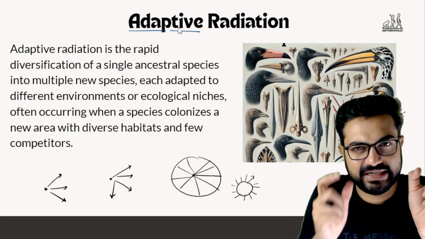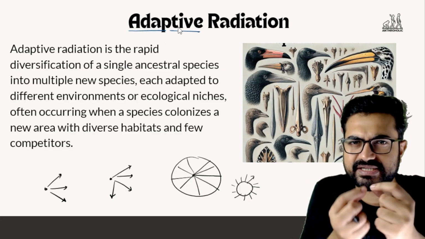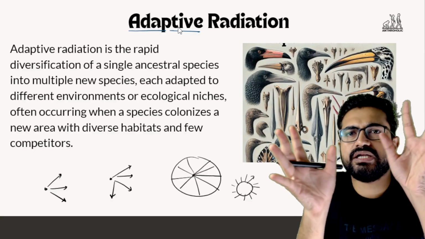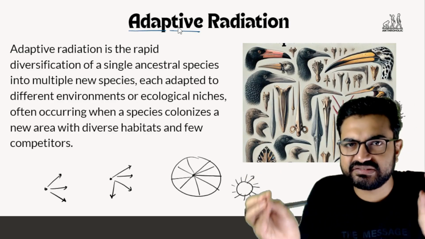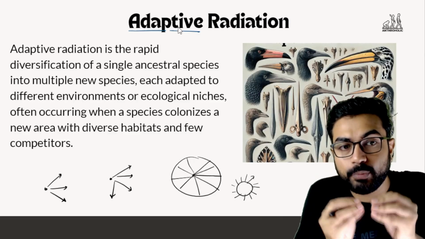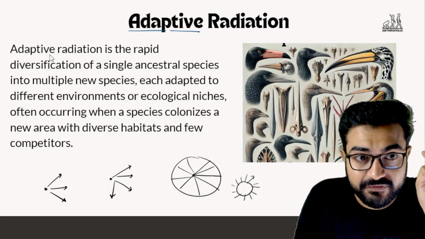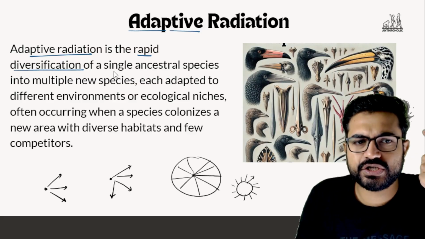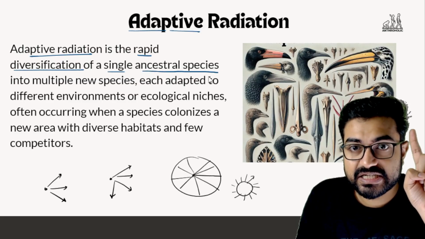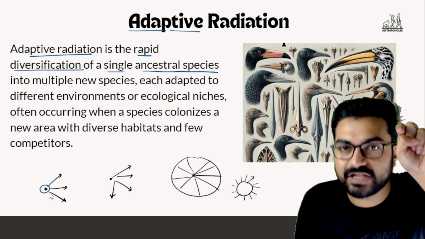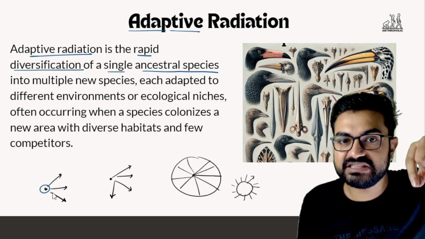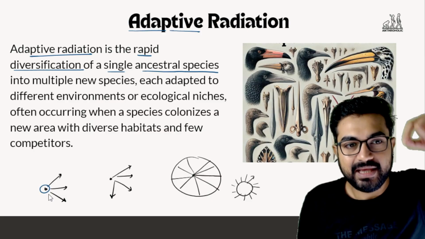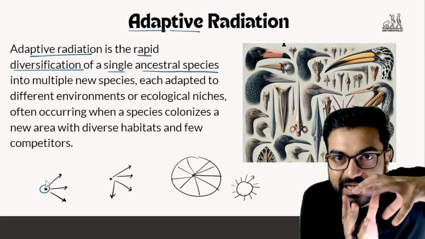So in the case of adaptive radiation, there are two terms. First is adaptive, the second is radiation. We understood the meaning of radiation, that is, various different kinds of structures or organisms coming from a common point. And adaptive radiation is basically the rapid diversification of a single ancestral species. Yes, this is the common point. The single ancestral species is the common point in the story, and it is gradually diversifying.